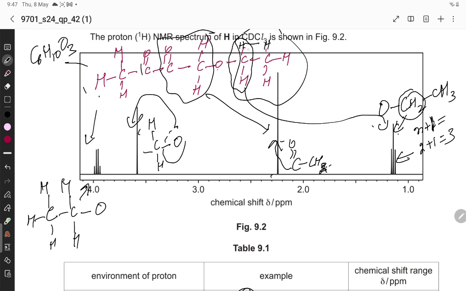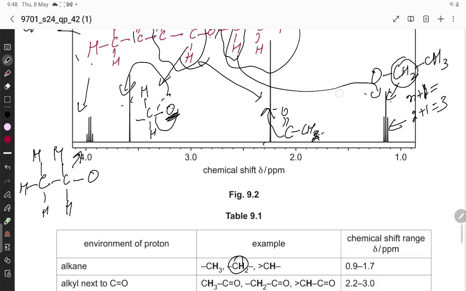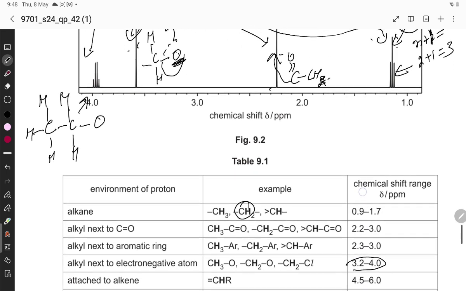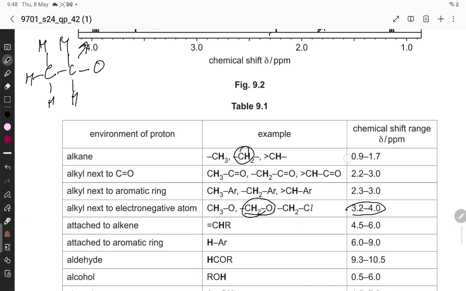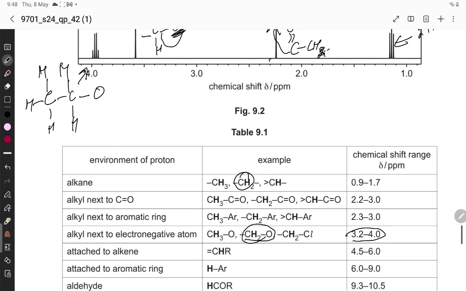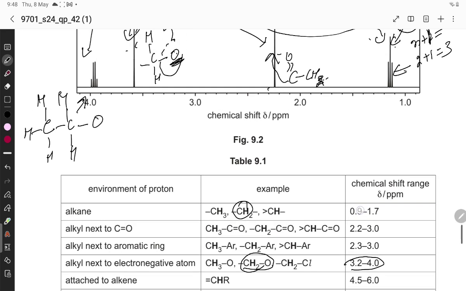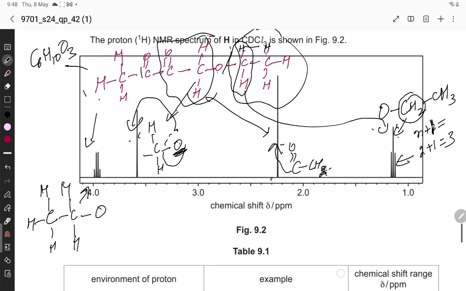This is the CH2O peak. The oxygen gives a singlet peak, CH2O, alkyl next to an electronegative atom, and this is a triplet peak.